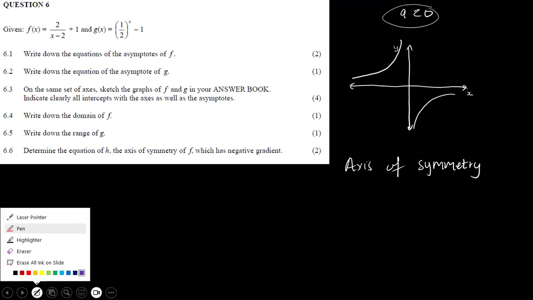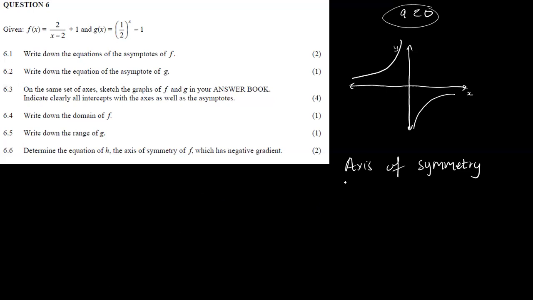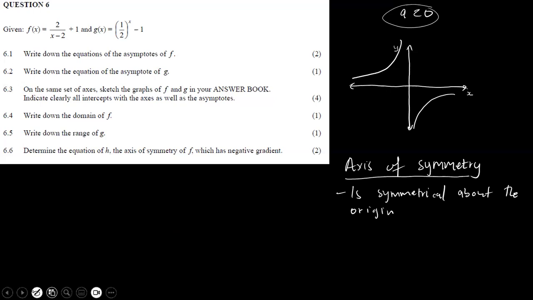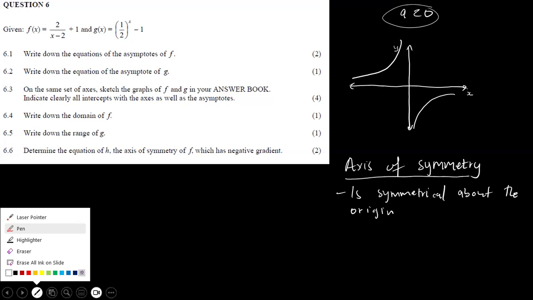Always know this, the hyperbolic function is symmetrical about the origin, okay? Let me prove to you what I mean when I say it is symmetrical about the origin.